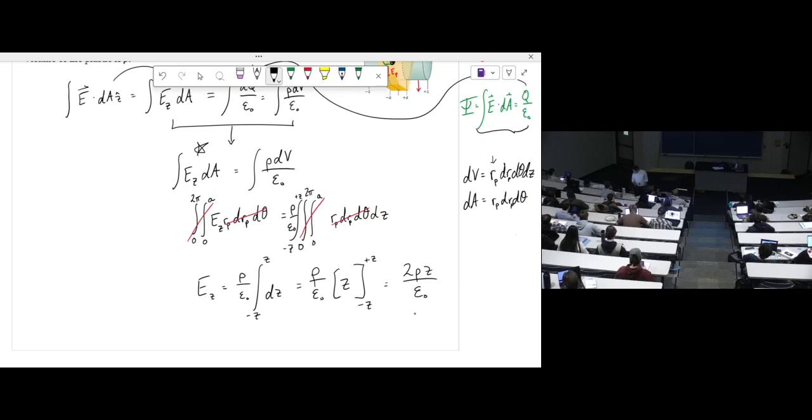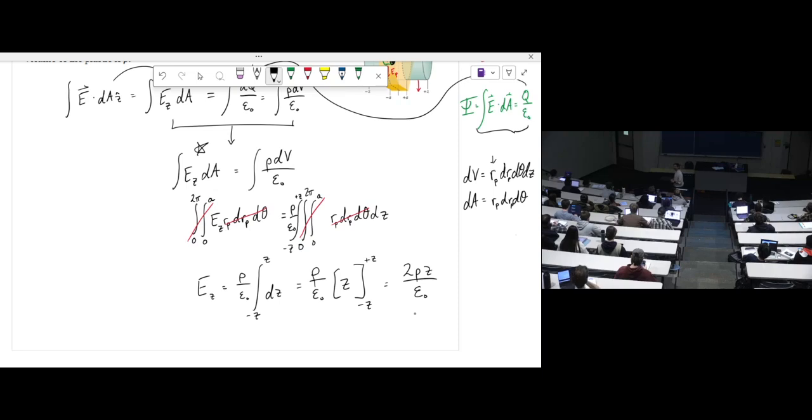Okay, I messed up on something, but let's pause there for a second. I'm off by a factor of 2 here. I have my electric field strength as double what it needs to be.